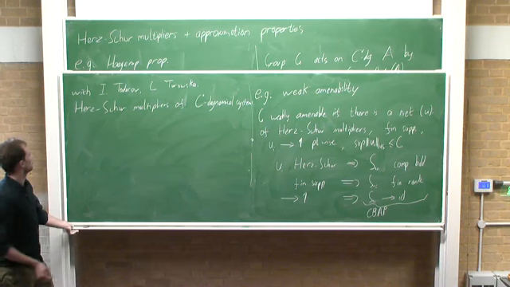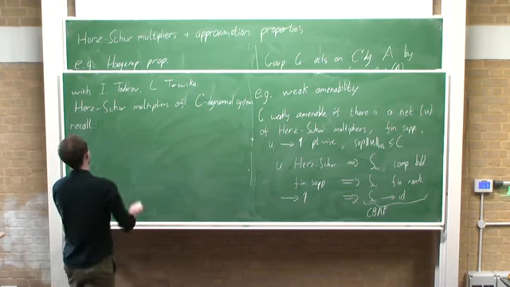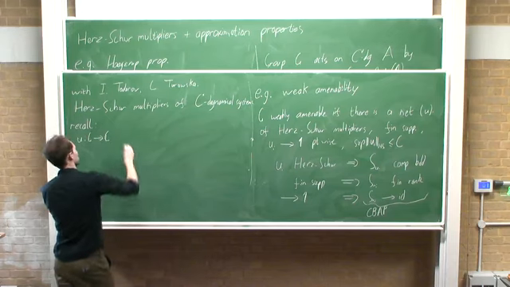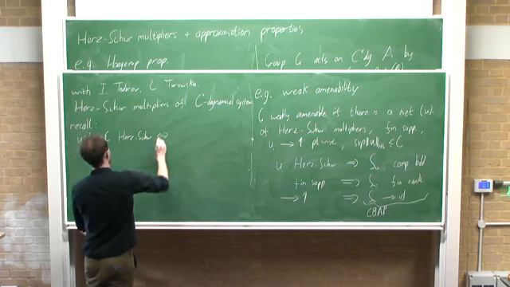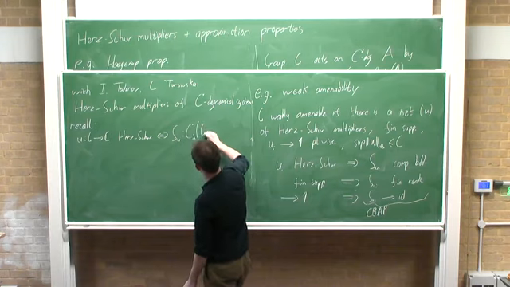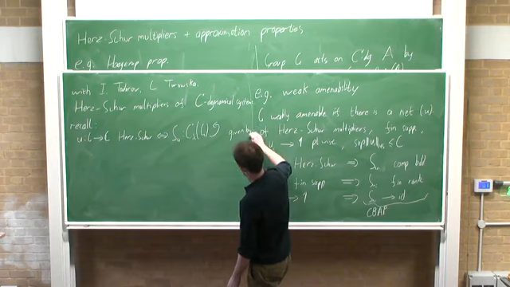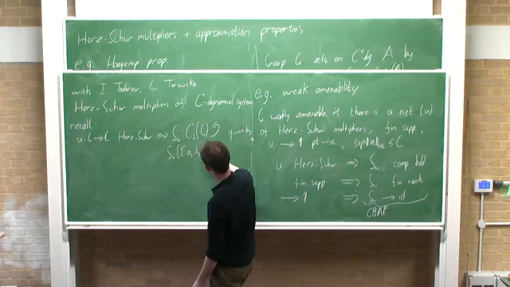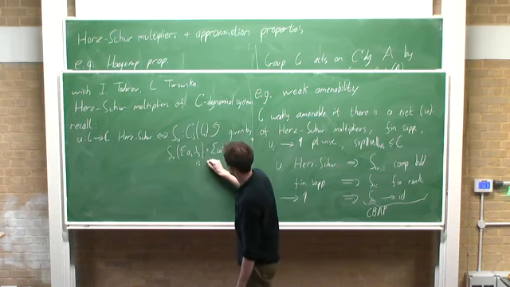So let me remind you quickly. A function of the group is Herz-Schur if and only if the map on the C-star algebra, like this, is completely bounded.